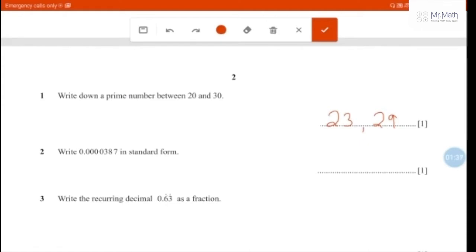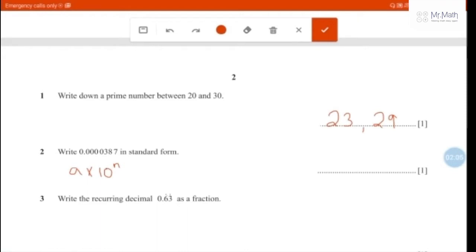In the second question, it says write 0.0000387 in standard form. So let's recall that the general form is a times 10 to the power of n, where a is any number that is greater than or equal to 1 and less than 10.